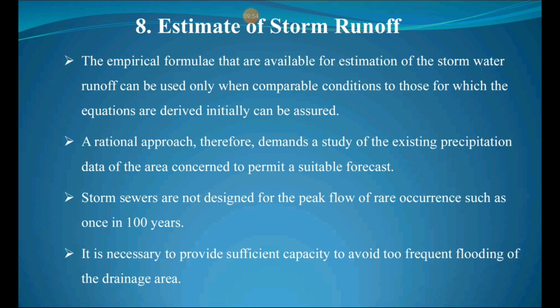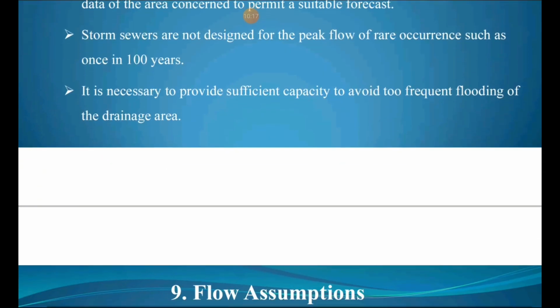A rational approach therefore demands a study of existing precipitation data of the area concerned to permit a suitable forecast. However, storm waters are not designed for peak flow of rare occurrence such as once in 100 years. It is necessary to provide sufficient capacity to avoid too frequent flooding in the drainage area.